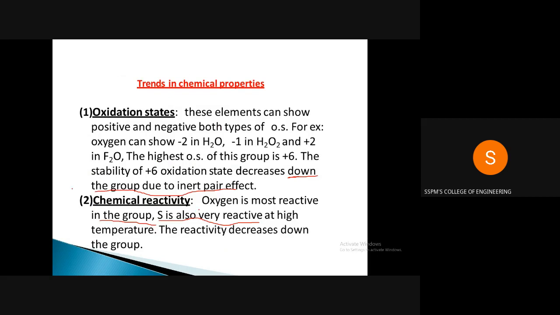Oxidation state decreases down the group. Then chemical reactivity also decreases as we go down the group.